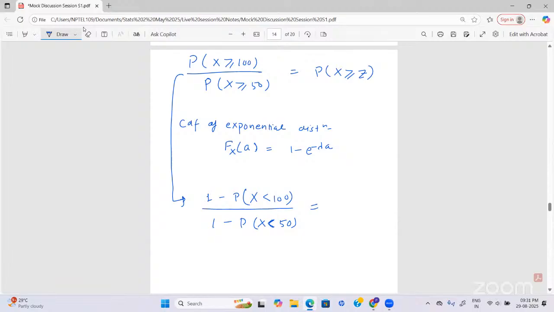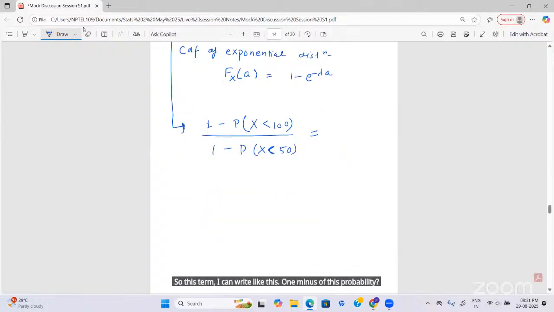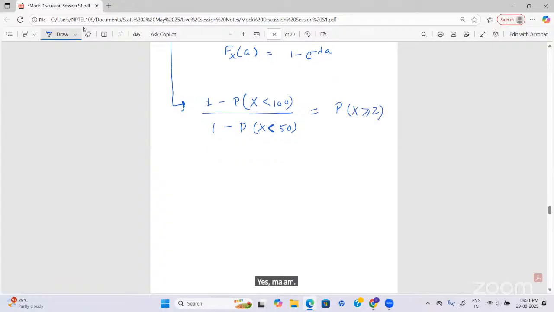So this term I can write like this: 1 minus this probability. Now this is the CDF of x at point 100. I can write it like this. Will it be correct?